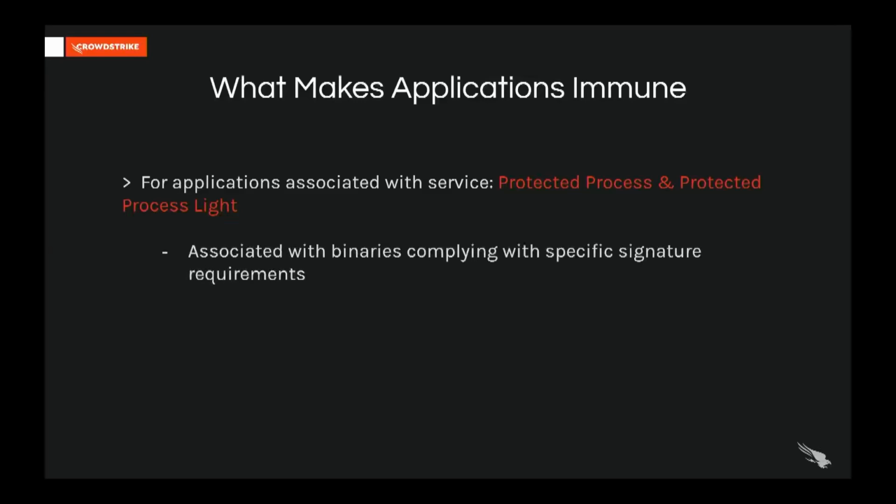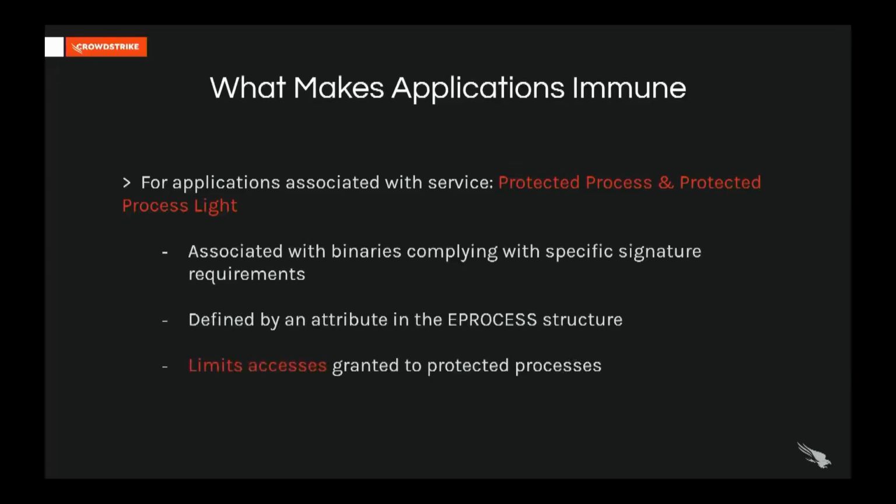Protected process and protected process light are processes associated with binaries that comply with signature requirements, showing that they're trustworthy. It's actually defined by an attribute in their EPROCESS structure that will give them extra protections against code injection, memory tampering, and trivial process termination, as it limits the accesses that will be granted to that process.